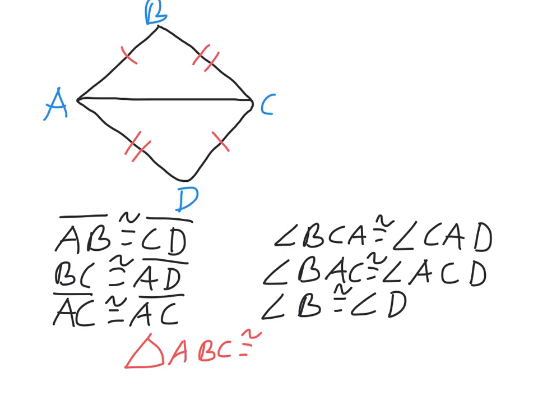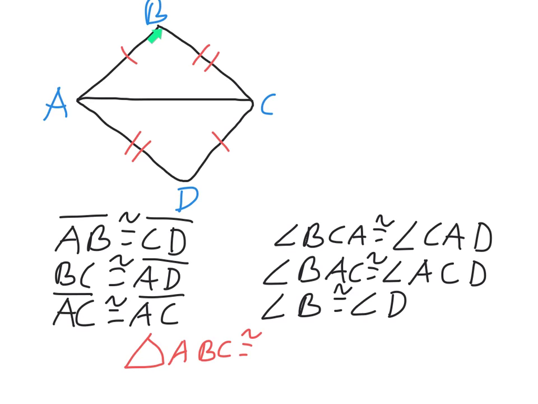Looking at this picture, we have A, B, C. We need to make sure we go in the same order in the other triangle. So we start off by going from A to B. That's this first side, the one with the 1 slash. So if I go from A to B, I have to go the same direction in the other triangle, from one angle to another, going over the single slash.